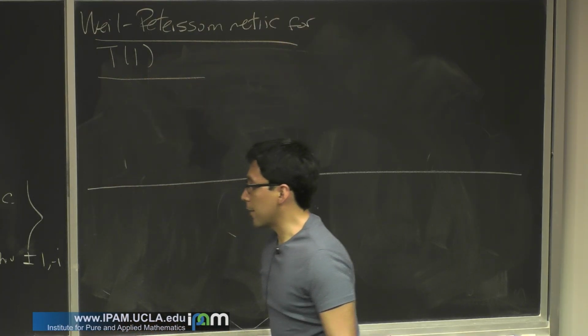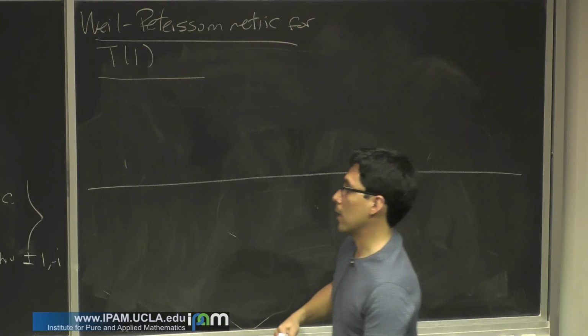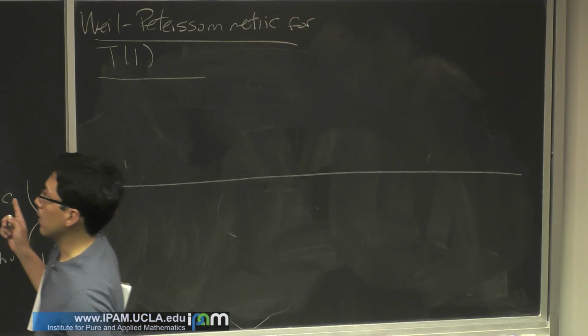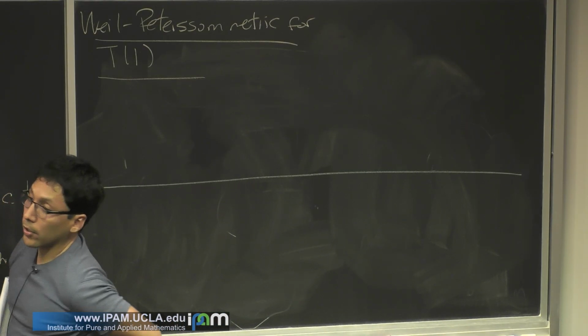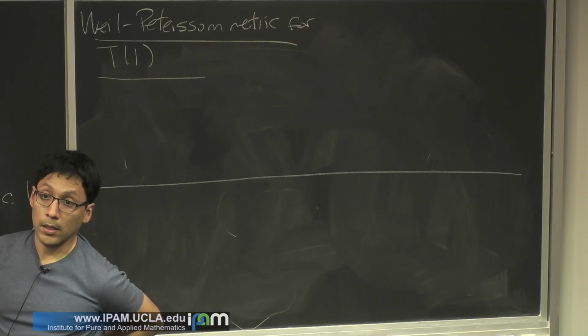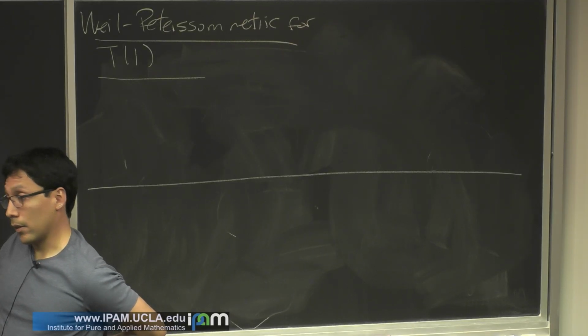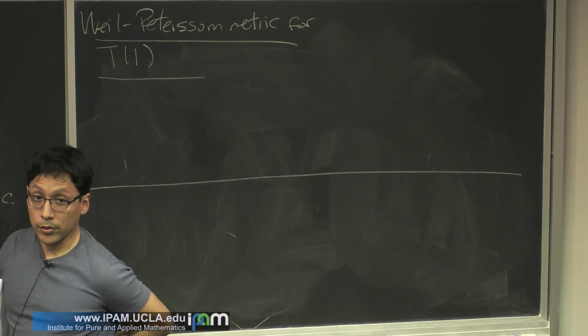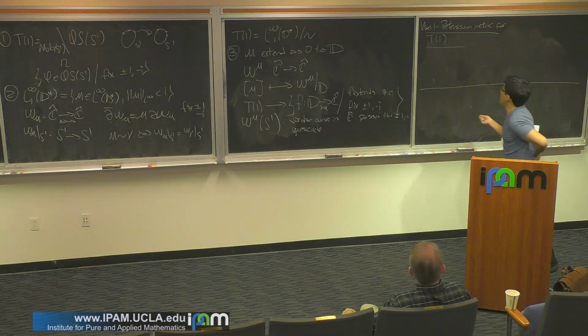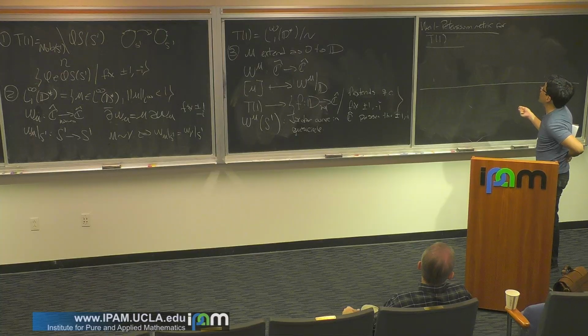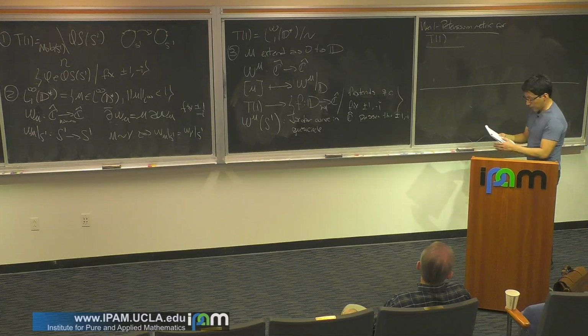Now, here the distinction is as follows, as I'm presenting here, this is not going to be any more a finite dimensional space. So it's going to be infinite dimensional, so I have to be a little bit more precise in what I mean by this particular metric.